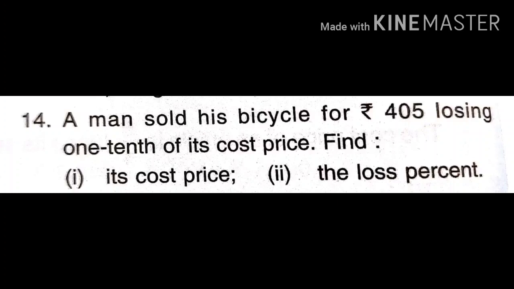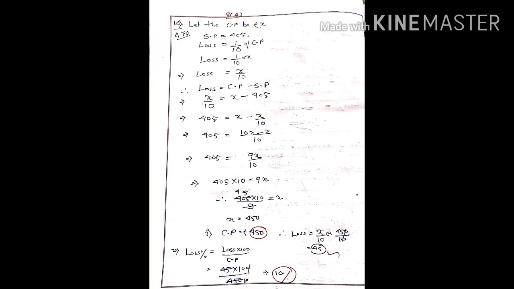Now which process we will do? The best process for you is that cost price we will take X. Now what do we need in this? Find number 1 cost price, number 2 loss percent. See this solution nicely, all of you. Let the cost price be rupees X, selling price 405 rupees, and loss 1/10 of CP.